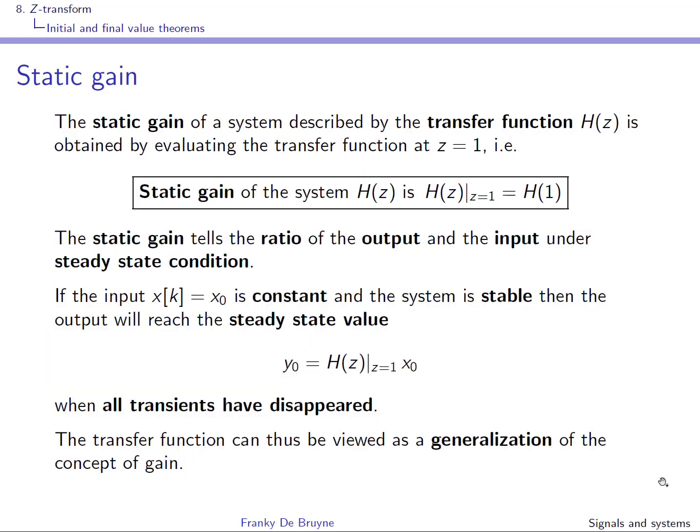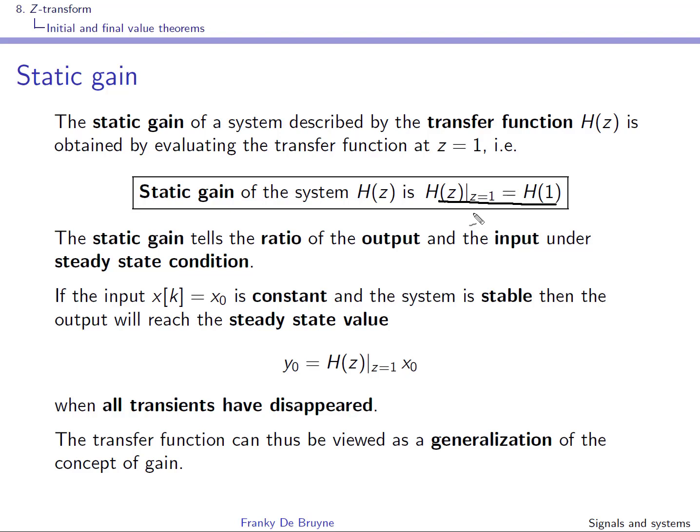The static gain of a system described by a transfer function h of z is the transfer function evaluated at z equal to 1. This is the static gain, and we've seen this before, it tells you the ratio of output and input under steady state conditions.